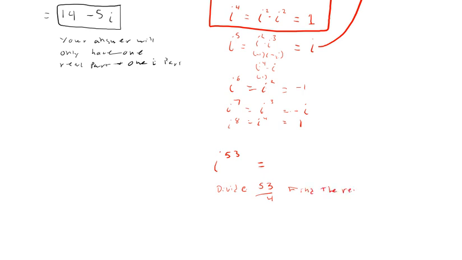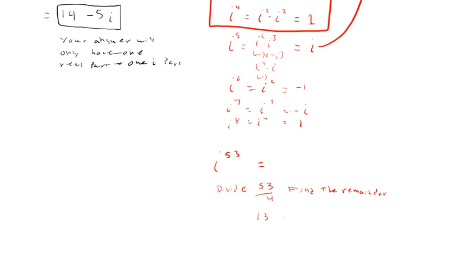You want to know how many cycles of 4 did 53 go through? How many times does 4 go into 53, everybody? 53 divided by 4, that's going to be 13 times with the remainder of 1, right?